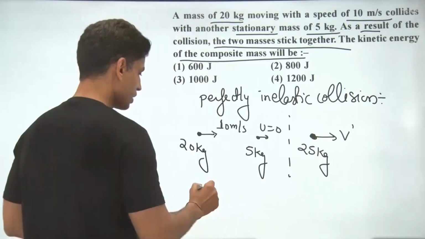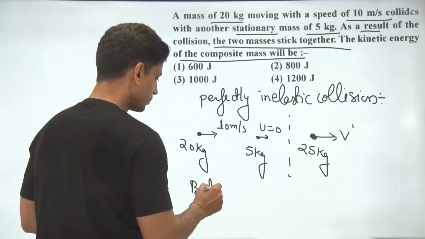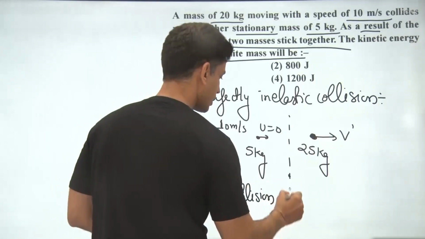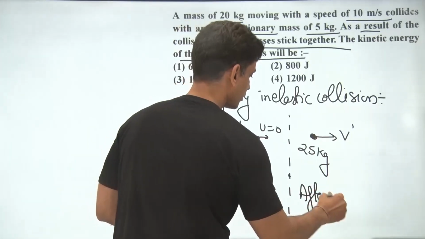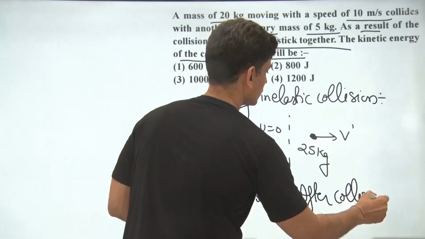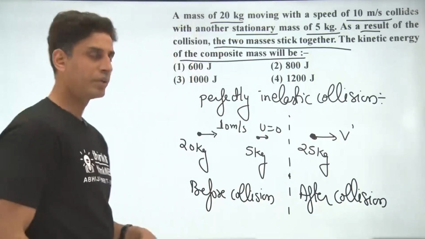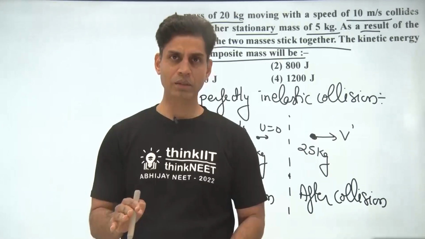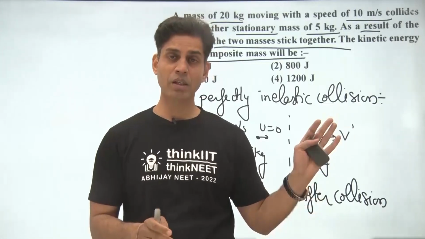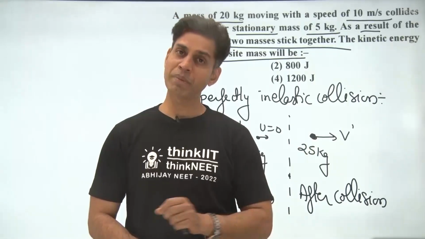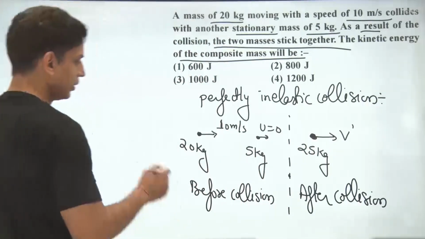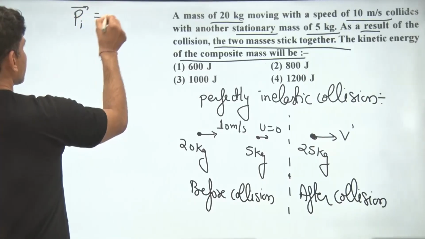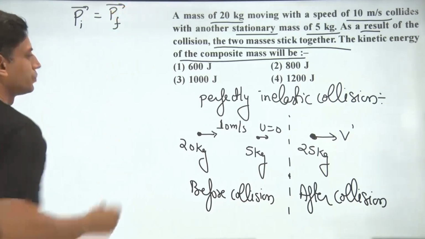Now this is before collision, and this is after collision. Now, whatever the type of collision, whether perfectly elastic, inelastic or perfectly inelastic, momentum of the system remains constant or conserved. So, P initial is equals to P final.